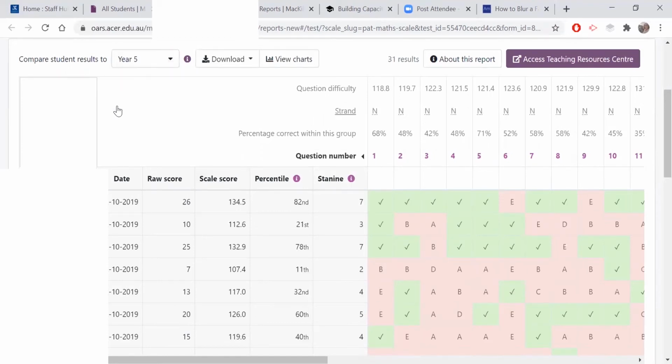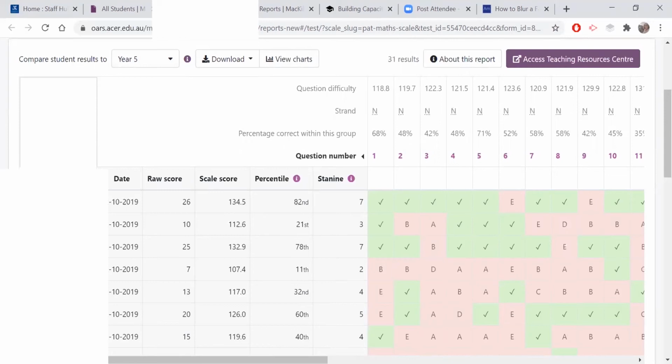If you have a student, maybe one of those students that did test 3, we could still go up and compare them to other year 5s. You can see you're given an option as to who you want to compare them to. So we're comparing them to year 5s, and you'll notice that their percentile scores and their stanine scores have come up, and you can have a play with comparing them too.